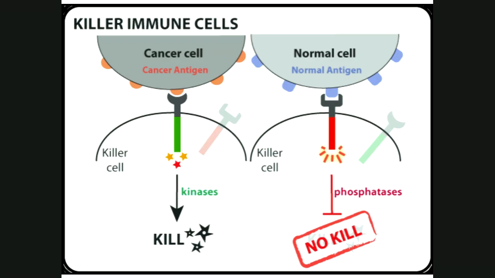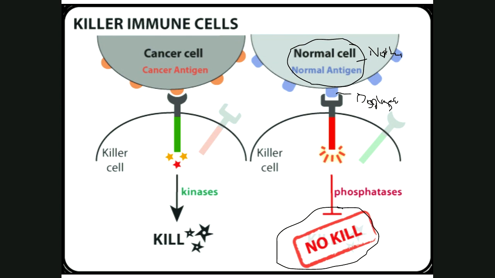And so when you look at it, here is our normal cell. Look, there's nothing wrong with this cell. And so a killer cell, when it comes up to it, sees that there's nothing wrong because there's nothing odd being displayed. And so it's not going to do anything to it. Nothing will be killed. But when it comes to this cell, look, this cell is different.